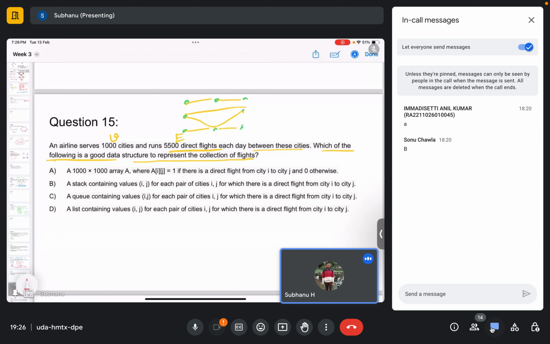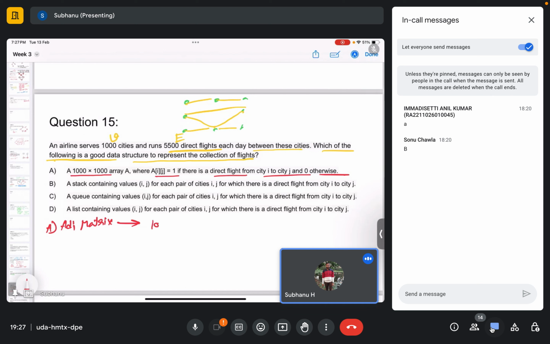What are the possible cases here? You can represent it as an array where a_ij is equal to 1 if there is a direct flight from city i to city j, and 0 otherwise. So this is basically the adjacency matrix. Option A is the adjacency matrix. So how many entries will be there?